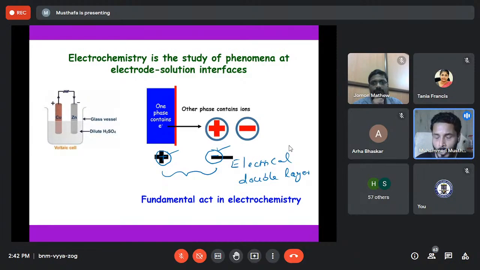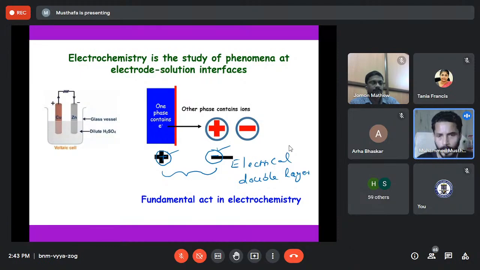If there is a minute variation in the structure of the electrical double layer, the electrochemical behavior will be dramatically altered. And if you want to manipulate, for example, your battery, to make it more powerful, you must have an idea about the structure of the electrical double layer of that electrode.